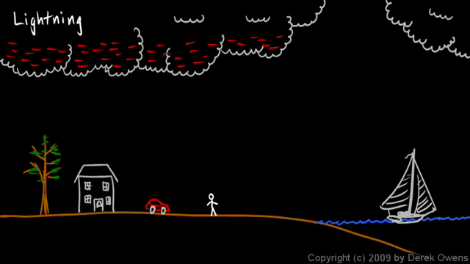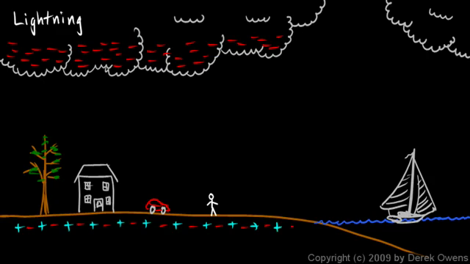Okay, the negative charge on those clouds has an effect on the ground beneath it. Remember, we talked about charging by induction. The same thing happens here. On the ground, there are positive charges and negative charges. The positive charges are from the protons, which are stuck in the nuclei of the atoms.